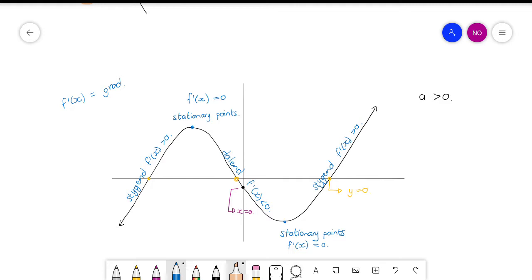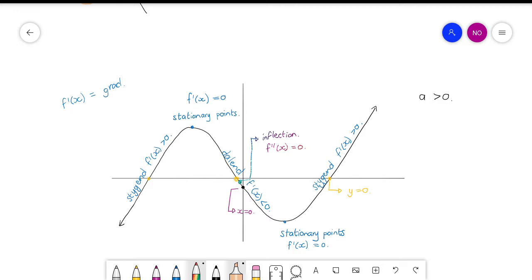Goed. Nou die een waaroor ons nou die dag gepraat het, and that is the point of inflection. And how do we get that? Second derivative equal to 0. So sien julle, ons het elke keer of gelyk aan 0 of groter as 0 of kleiner as 0.